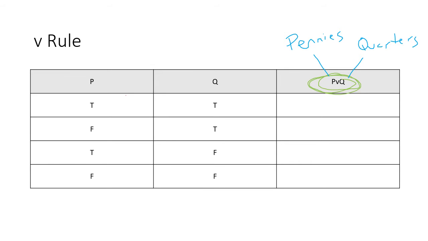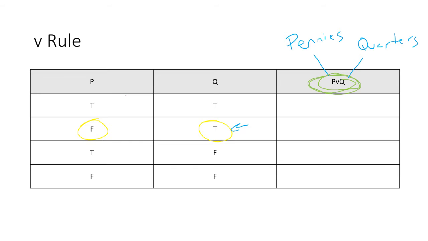So in this situation, it's false that I have pennies, but it's true that I have quarters. So is it true that I either have pennies or I have quarters? Well, of course it's true, because I have the right disjunct here, the quarters, even though I don't have the pennies, but it says I have one or the other.